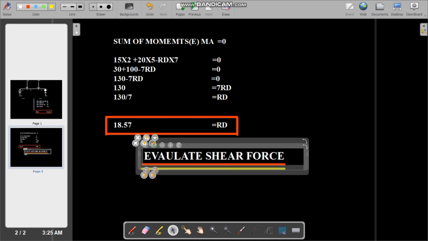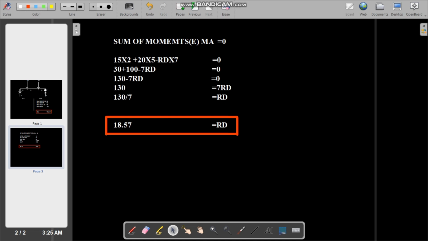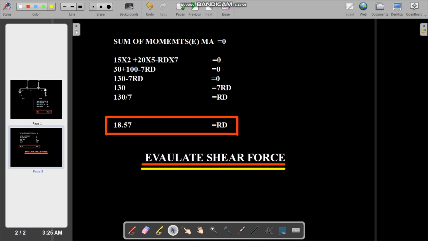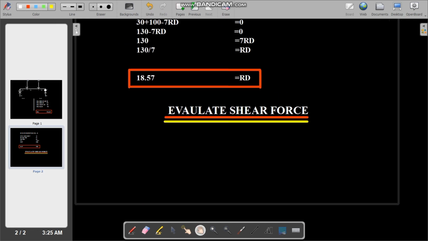So I just put the title here, and then we can start the shear forces of points A, B, C, and D respectively.